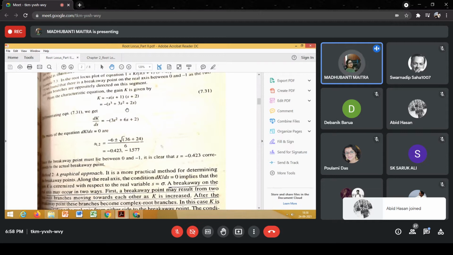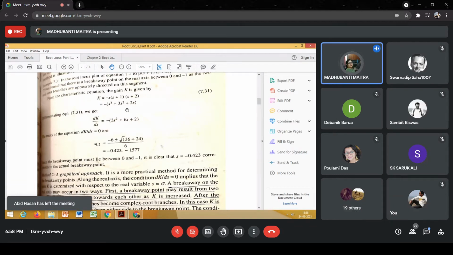If you find that at that root the angle criterion is satisfied, then the conclusion will be that point is a complex breakaway point, and because of the property of symmetry, the conjugate of that point will also be the second breakaway point. We don't have to check, because at that point also the angle criterion will be satisfied.